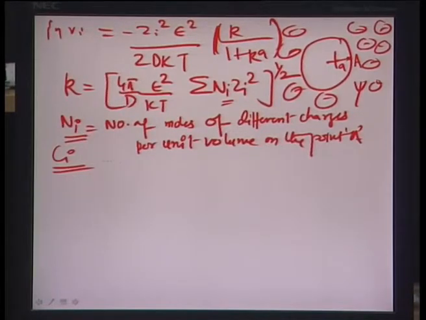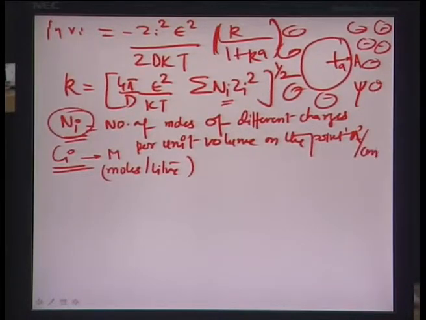So what we tried to estimate this as, since Ci is in terms of molar or moles per liter, and this Ni was per centimeter cube, because it was all CGS units which were used at the beginning of the 19th century to explain at least a majority of the problems related to charge essentially in chemistry.